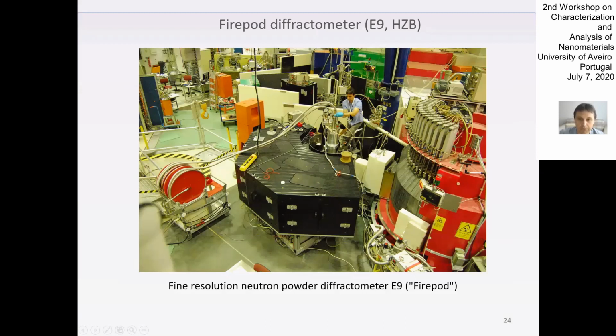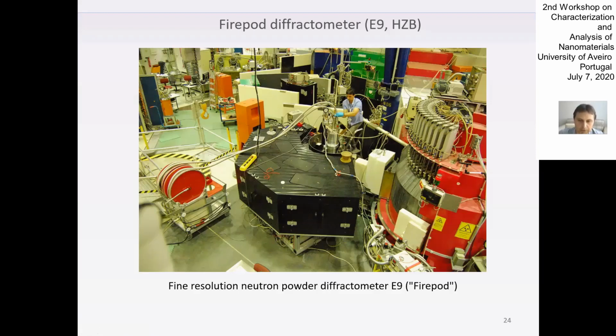This is the cryostat, and the guy who is trying to hold it is also me, in the background. And this big black device is a detector. It's a really fast detector, so it was convenient to make experiments there, because we can quite easily get good diffraction statistics in a few hours.